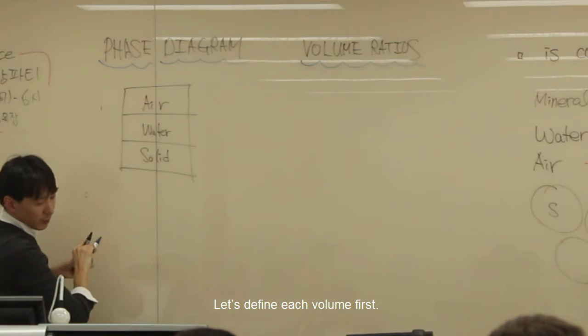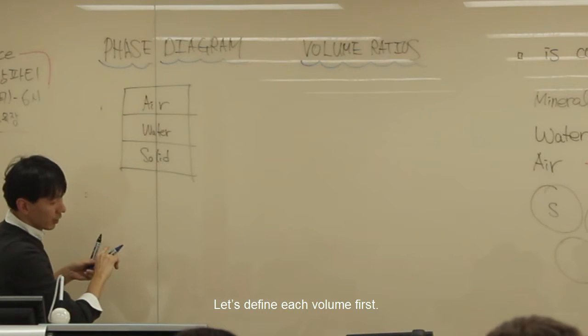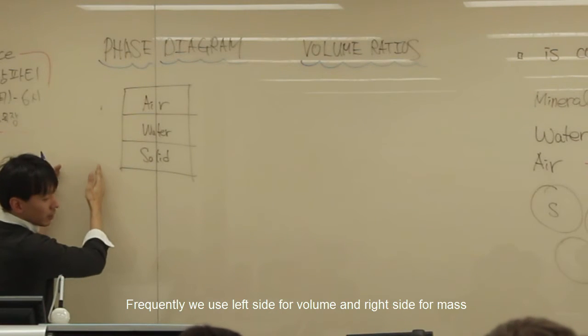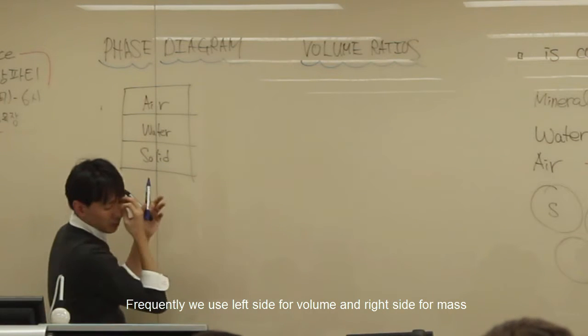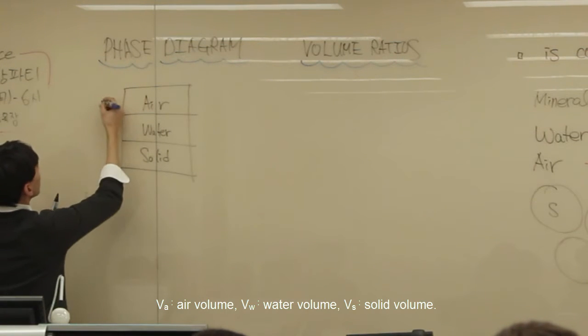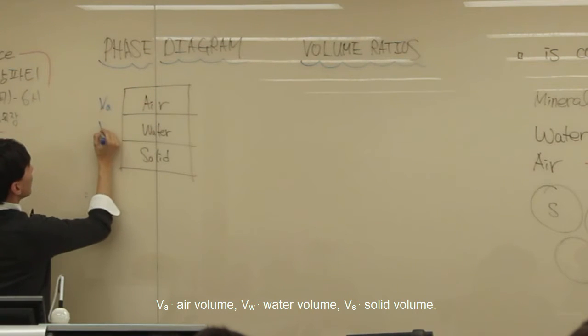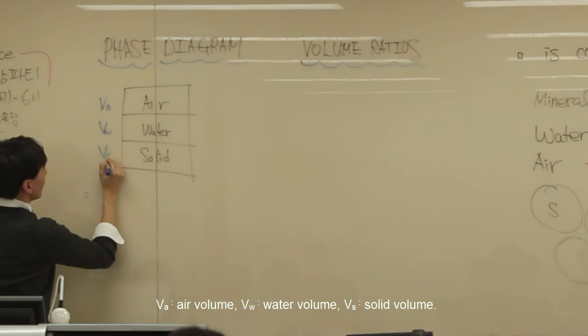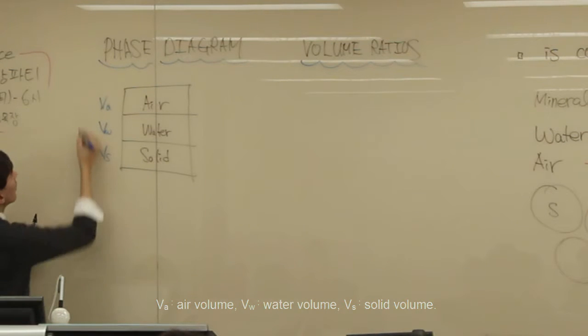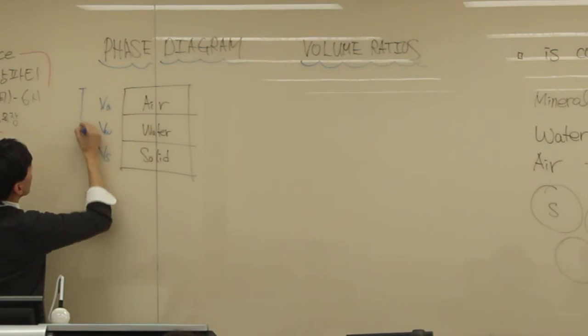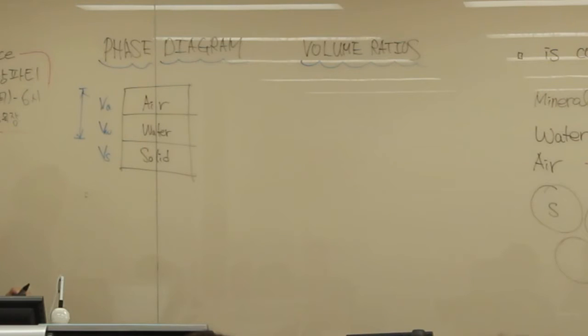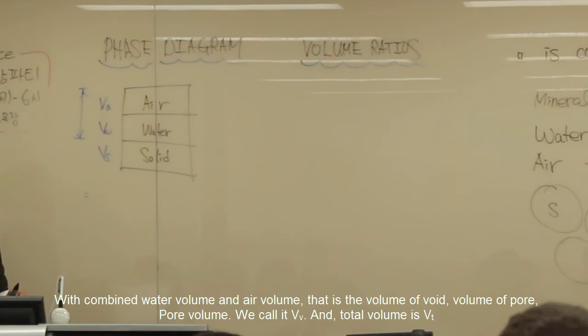Let's define each volume first. I prefer to use the left side for volume and the right side for mass. Here, this is the V_a, the air volume, and the water volume, and the solid volume. And when you combine the air volume and water volume, that's the volume of void, or pore volume. Right?